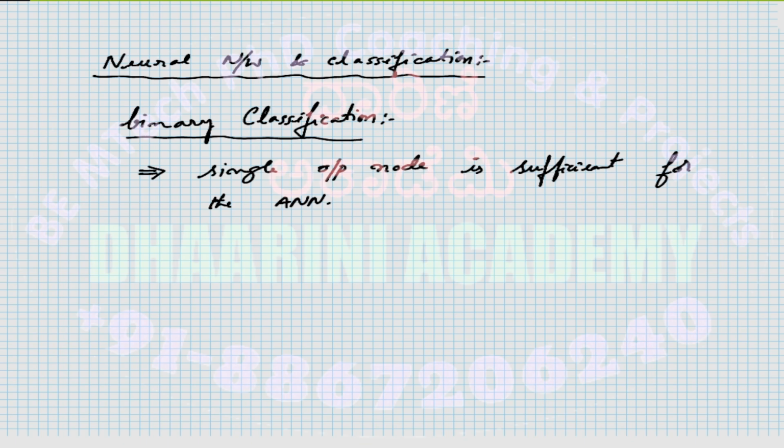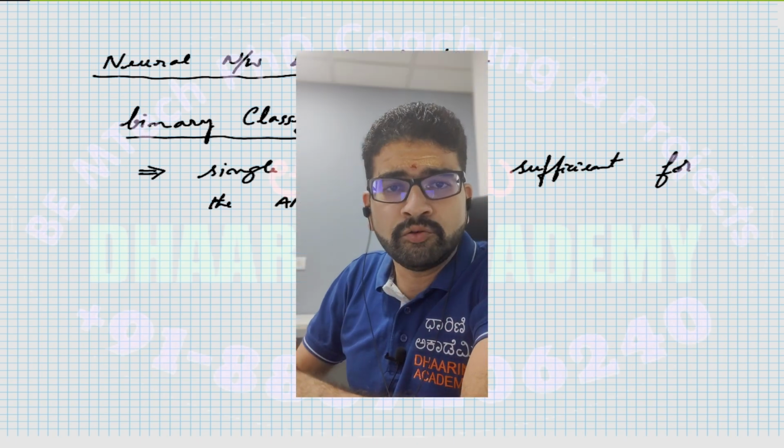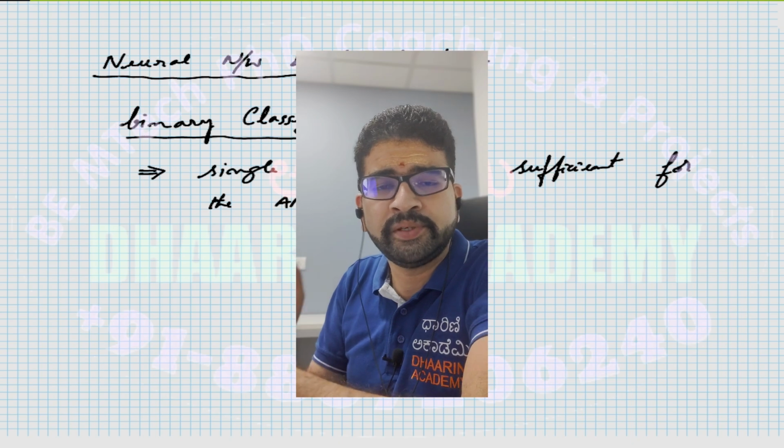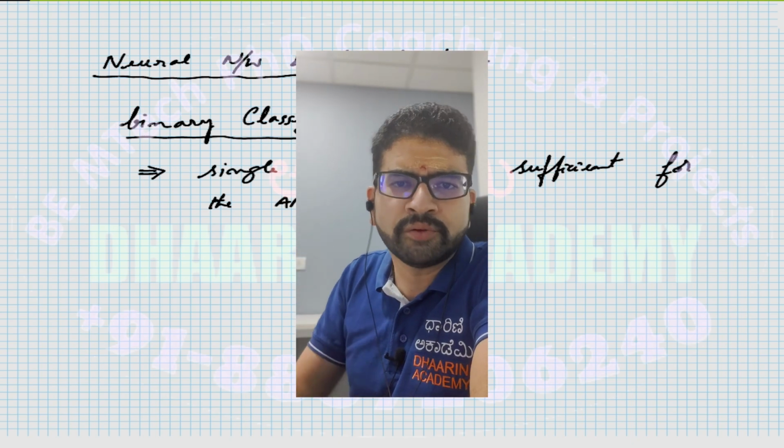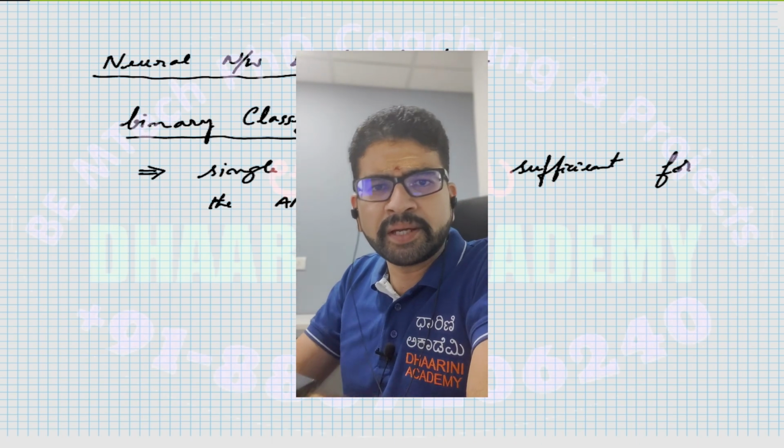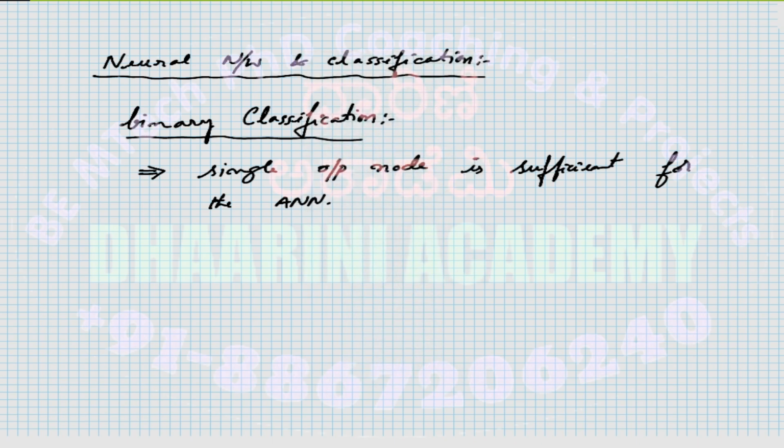So if you use a sigmoid function as the activation function of the output node, data can be classified by whether the output is greater than 0.5 or lesser than 0.5. It is obvious because my output is always between 0 and 1. Sigmoid is between 0 and 1. So it becomes either 1 or 0 depending upon some threshold value.